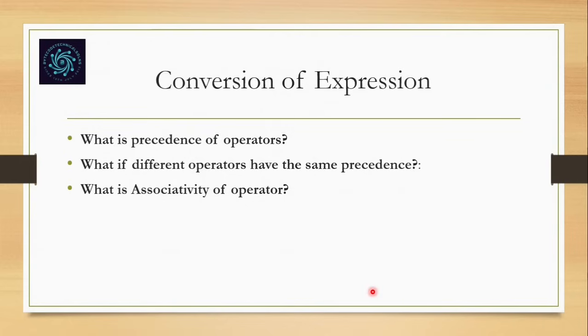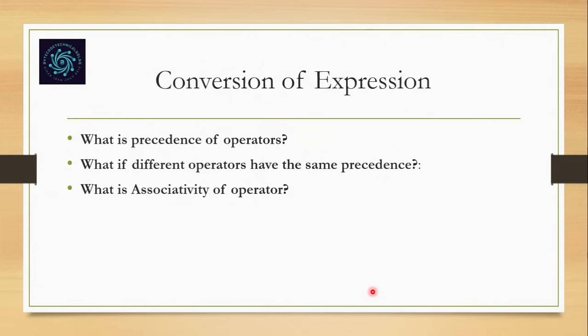Instead of precedence values, we consider the associativity of the operators. Now, what is this associativity? The order in which the operators with the same precedence are evaluated in an expression is called the associativity of the operators.